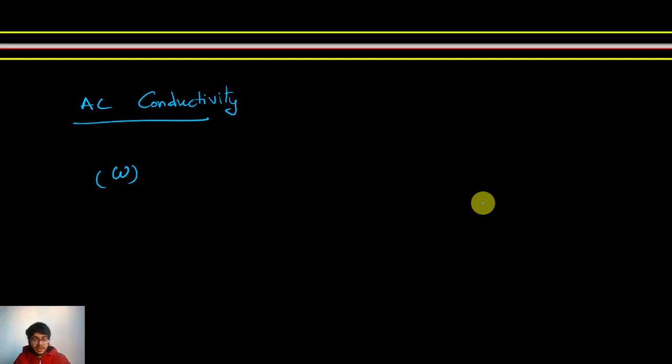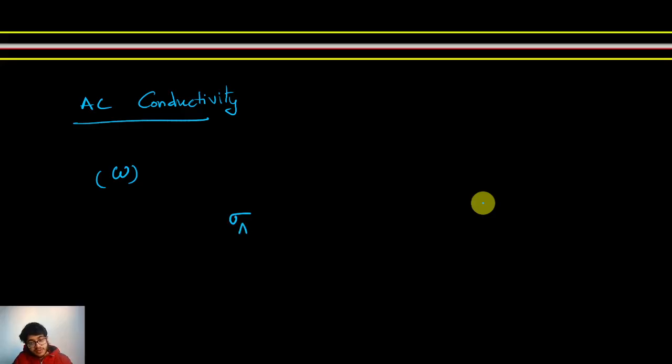And we will also see something called AC conductivity. In AC conductivity, from the outside of the conductor, an electric field of a certain frequency omega will be passed, or maybe some electromagnetic radiation, and we will see how the conductivity of the metal changes.